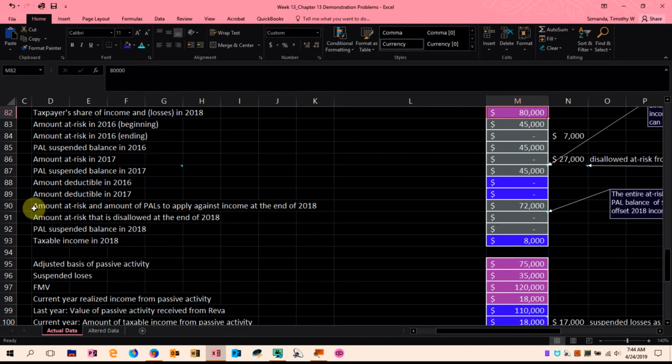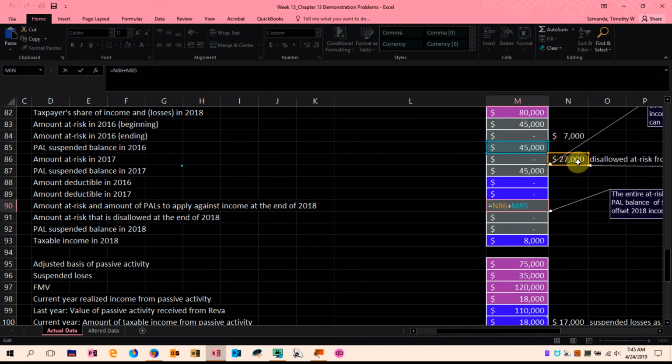So let's look at row 90. Amount at risk and amount of passive activity losses to apply against income at the end of 2018. In this case, we're going to go back and add all of the at-risk amount in 2017, and this is the disallowed amount of $27,000.